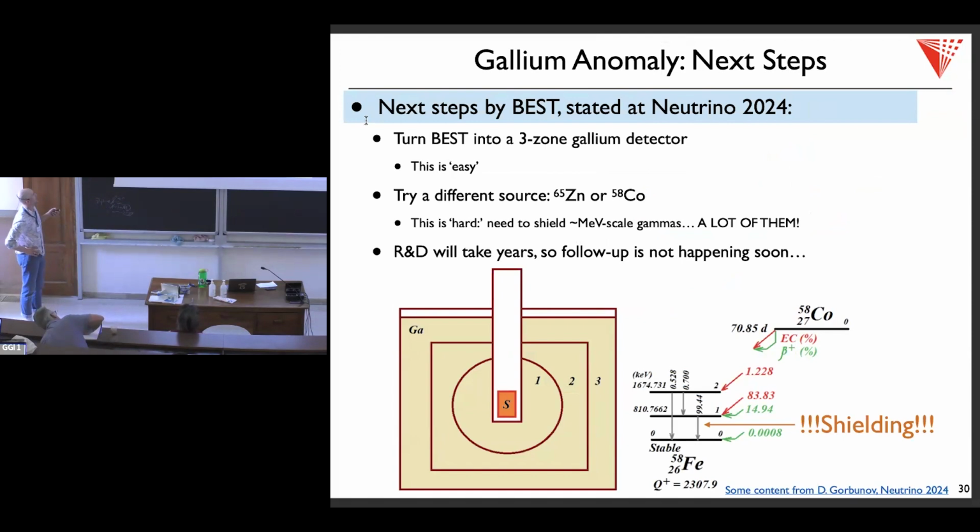This is hard because you have to be able to make this source, which for cobalt 58 is a lot of high energy gammas, which are much, much, much harder to shield than chromium 51.